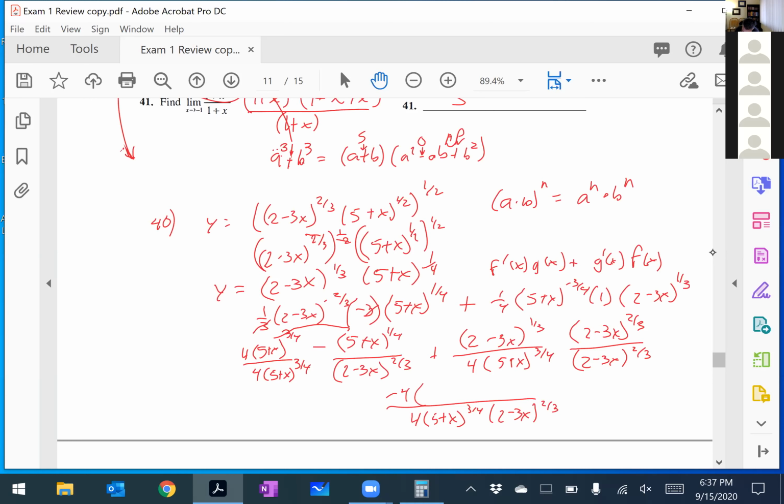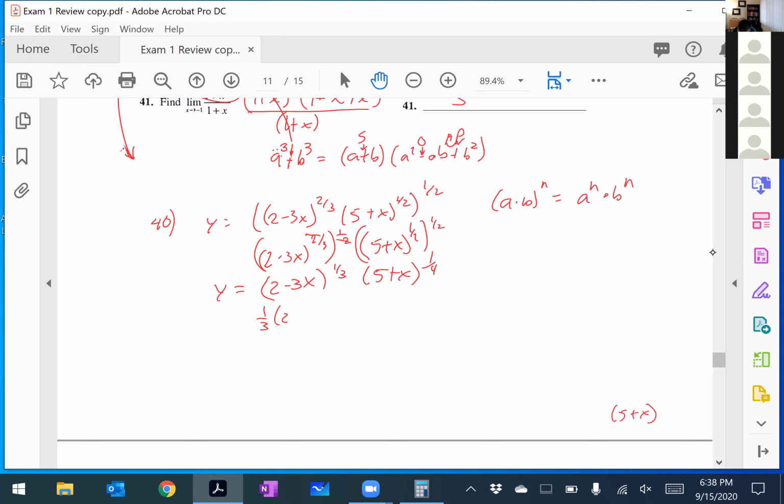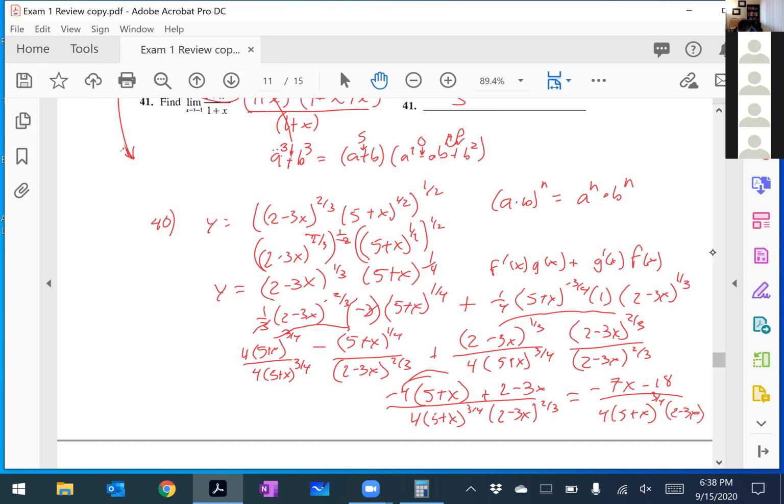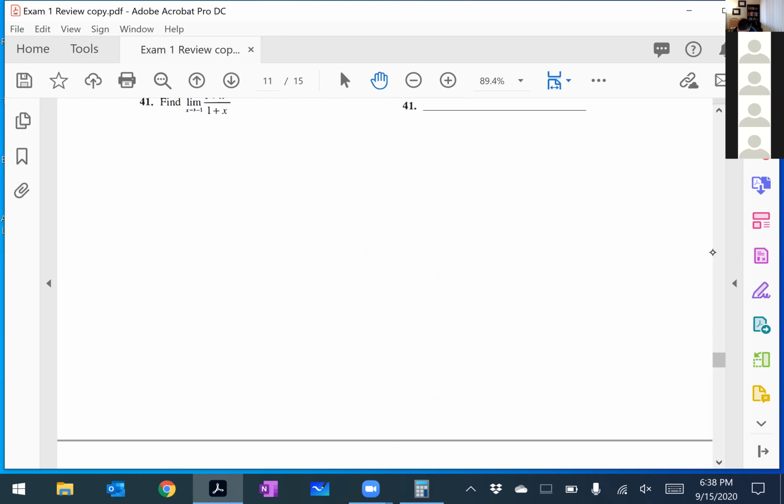So this is plus 2 minus 3x. That's kind of cool. If I distribute this, I get negative 4x and negative 3x, that's negative 7x. And if I take negative 20 and add it to 2, that's negative 18. And I get over 4 times 5 plus x to the 3/4 times 2 minus 3x to the 2/3. And that's the answer.